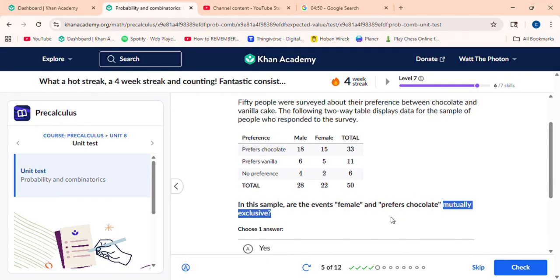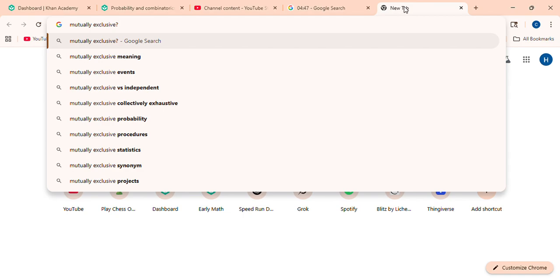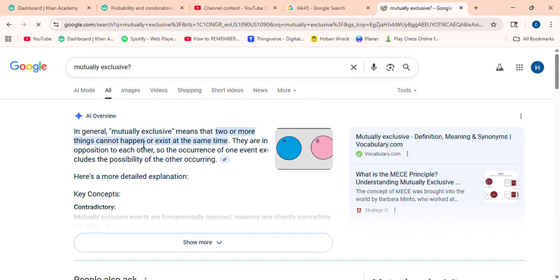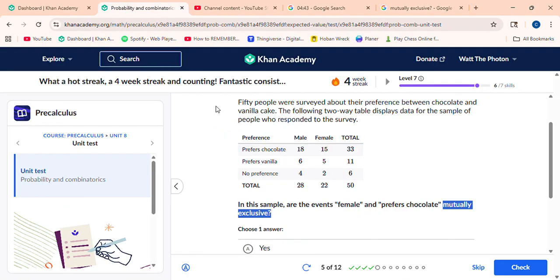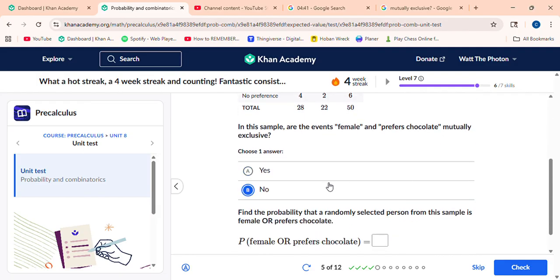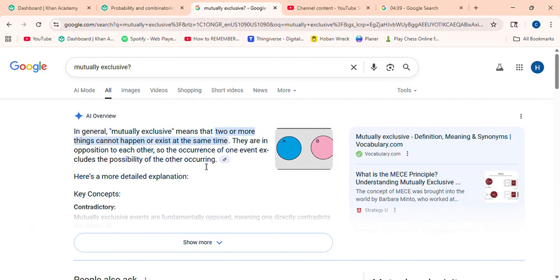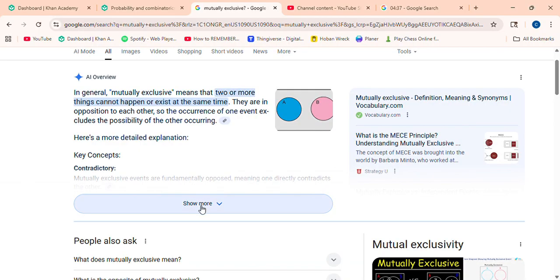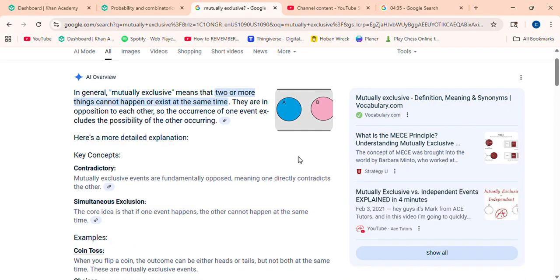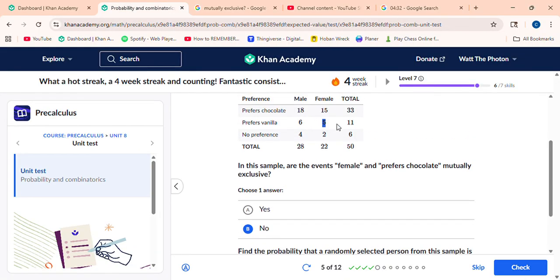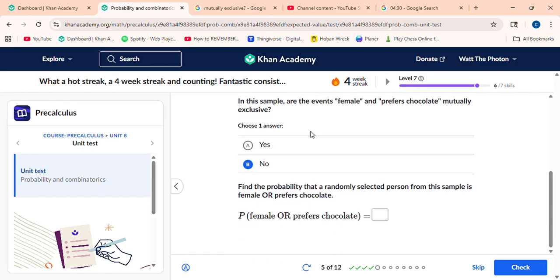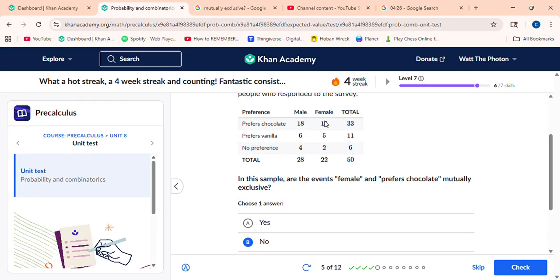I forgot what mutually exclusive is. You cannot have a prefers chocolate female. That's wrong. It's female, so that's 15 over 66, or prefers chocolate.